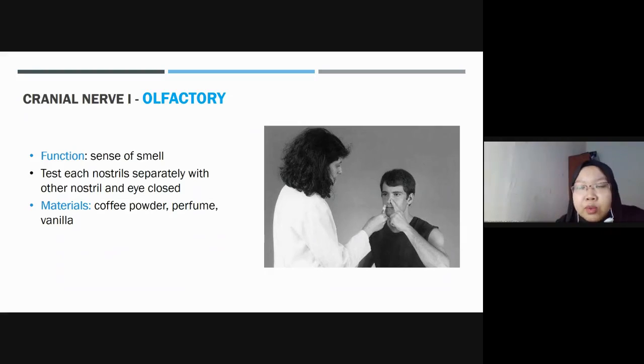If you want to assess the left nostril, you ask the patient to close the right nostril, and then do it vice versa. Basically, if the patient cannot smell, we can suspect there is something going on around the sinus area. Usually, the lesion can be due to head injury or rhinosinusitis.